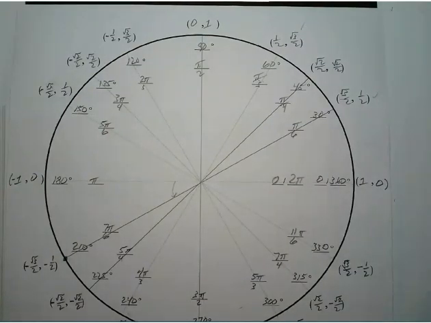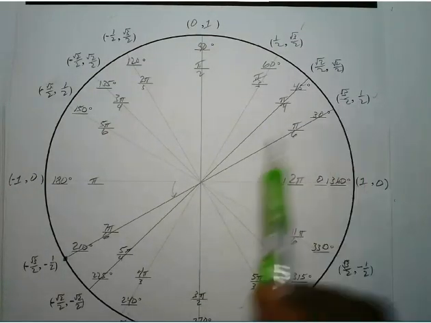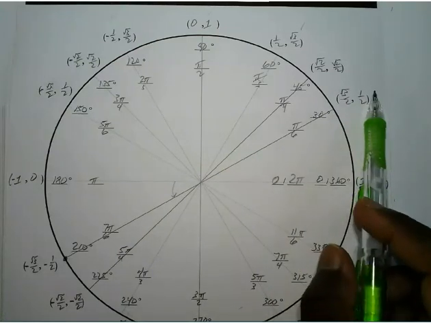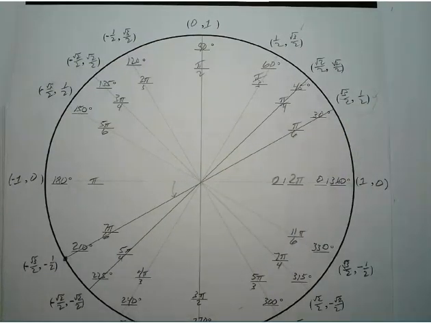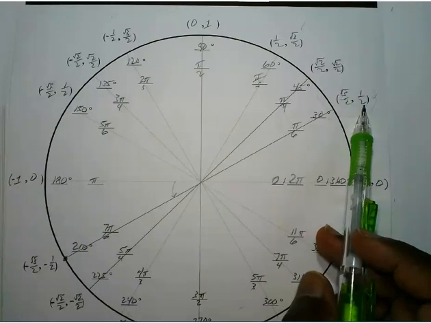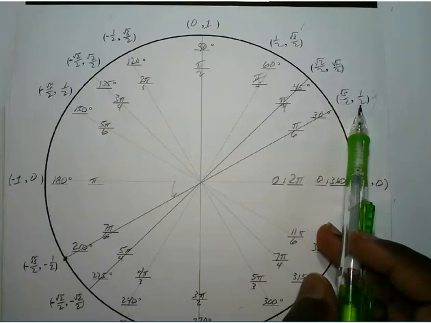So now we know that 30 degrees will give us this point. All we have to do is know what quadrant we're looking at, and our reference number will be the same, but the signs will change from positive to negative depending on which quadrant.